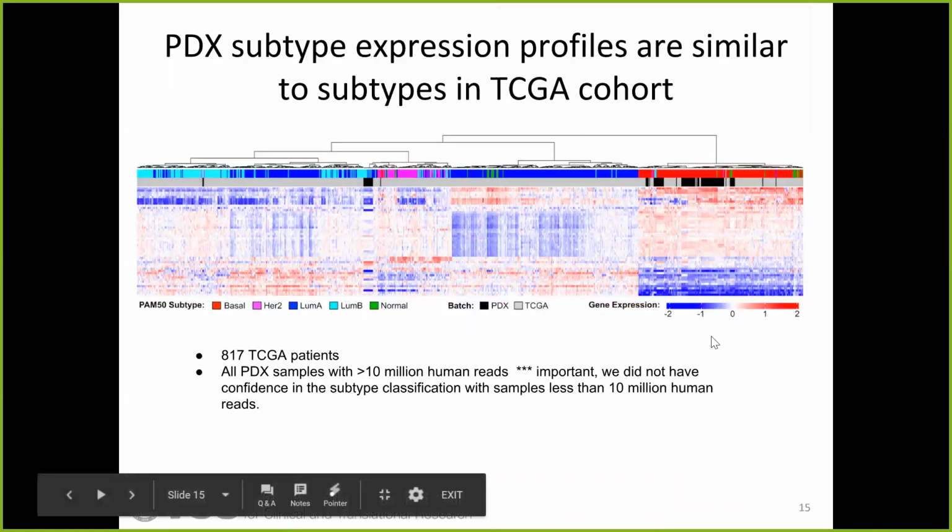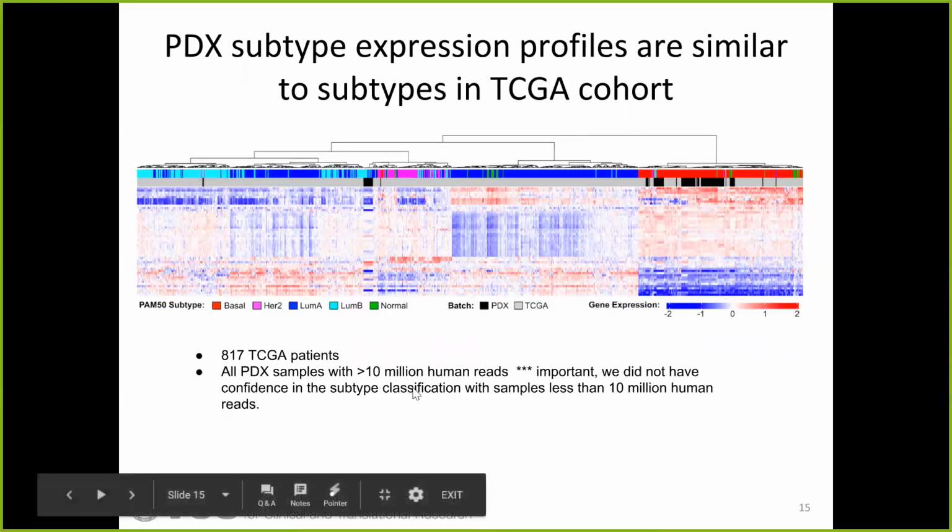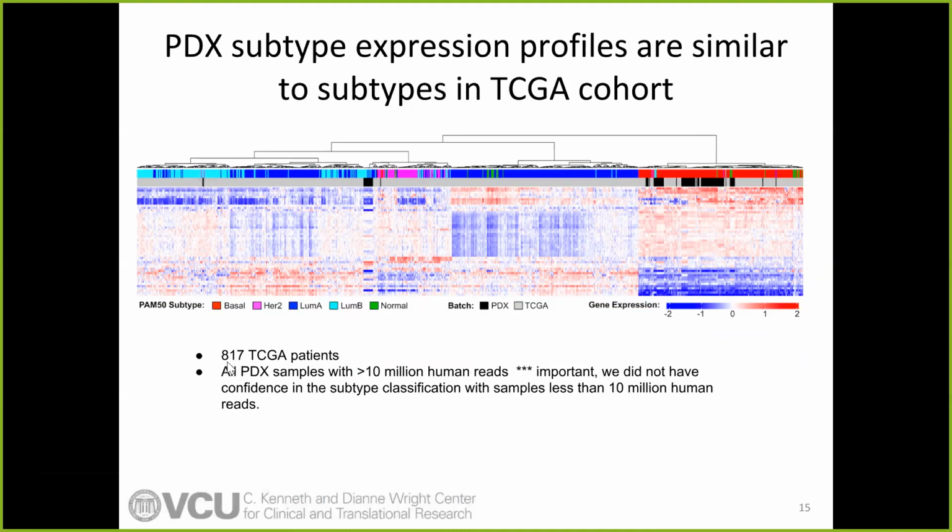So this is the figure. It's a heat map. Your 50 genes are along the y-axis. Your patients are along the x-axis. We took our 101 PDX samples, again, because we filtered out those with less than 10 million human reads. So there are 101 PDX samples and 817 TCGA patients for breast cancer that were already subtyped.